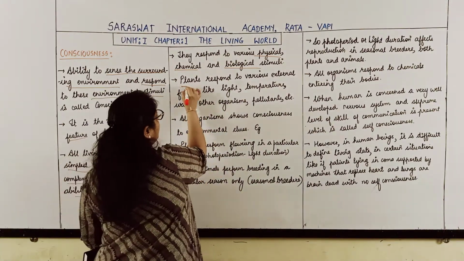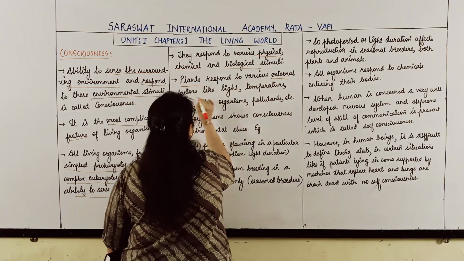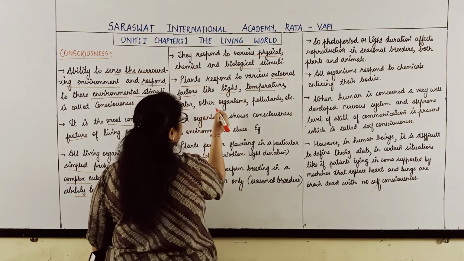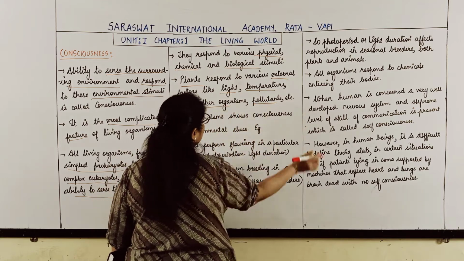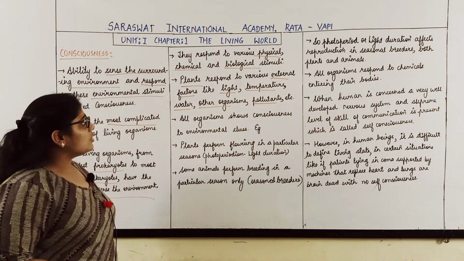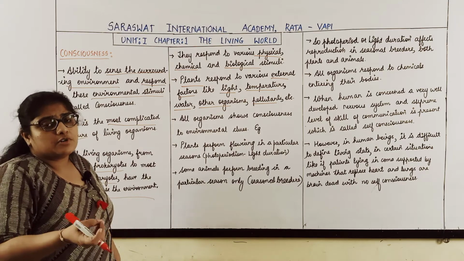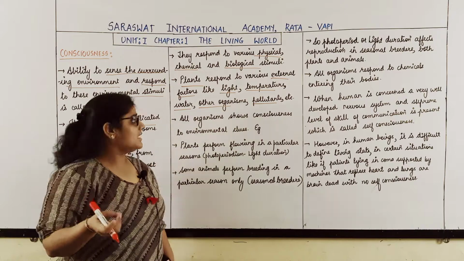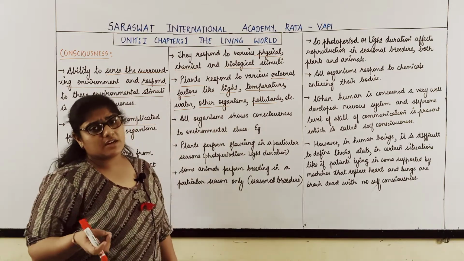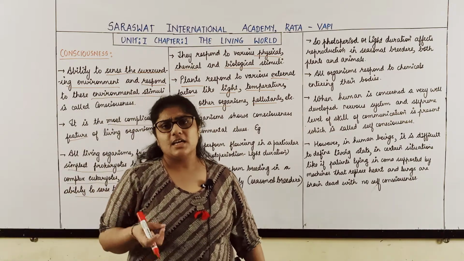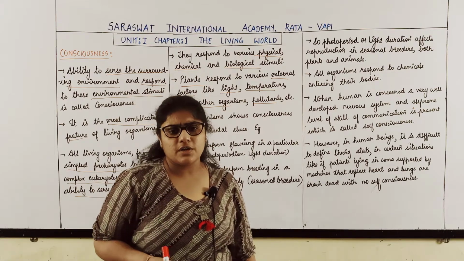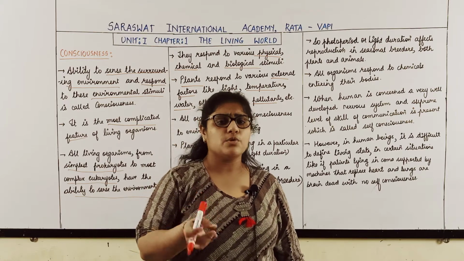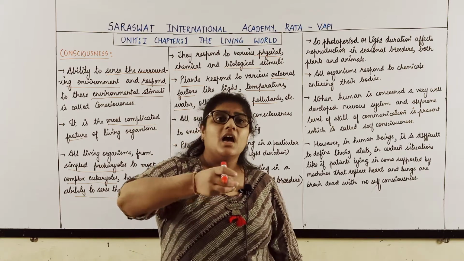Plants respond to external factors like light, temperature, water, other organisms, pollutants, etc. One example: lichens are a group of organisms containing algae and fungi.